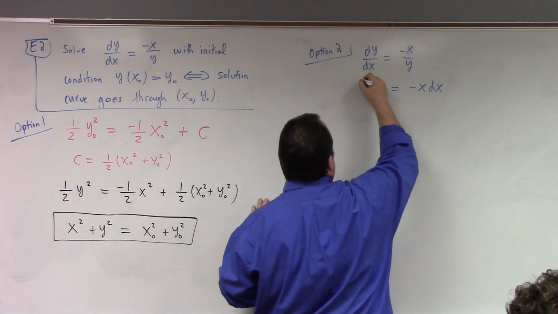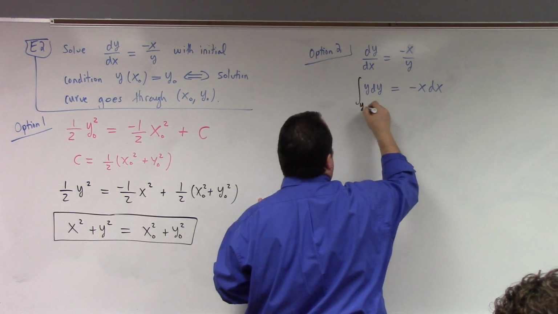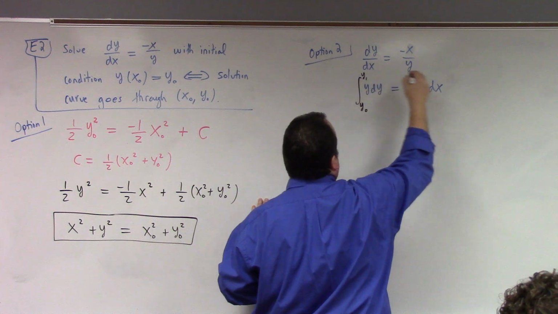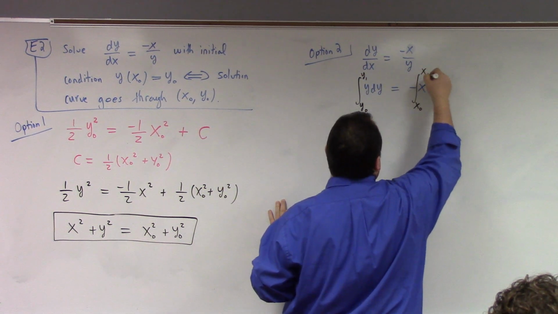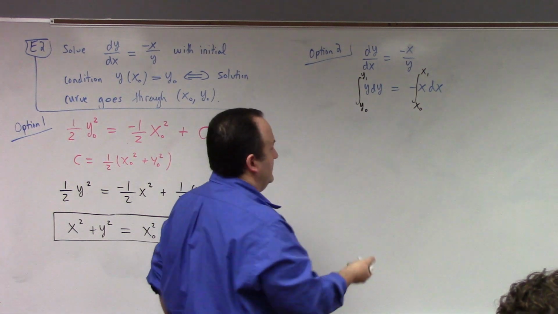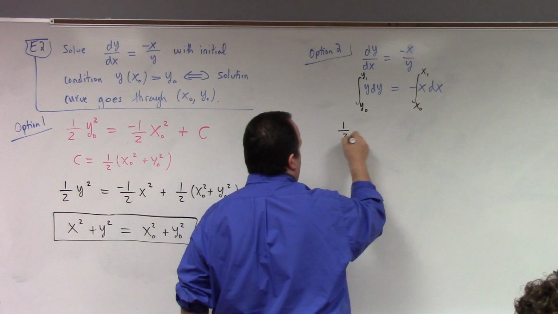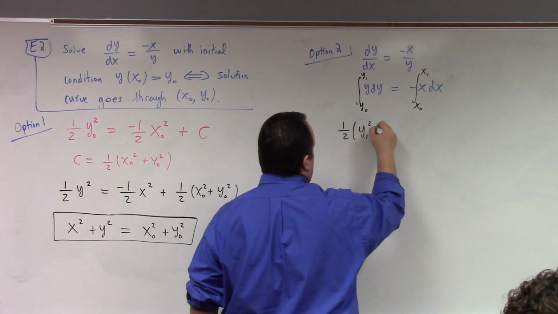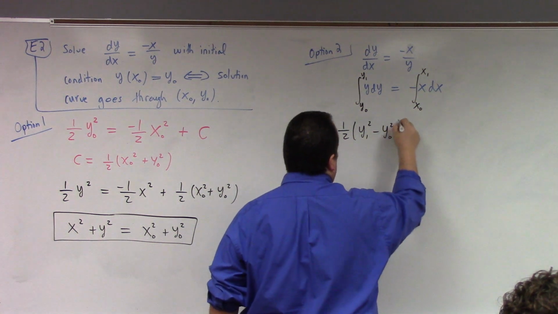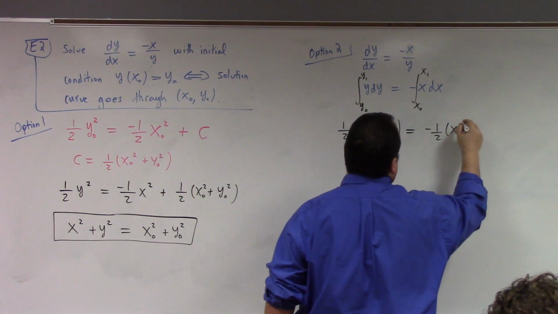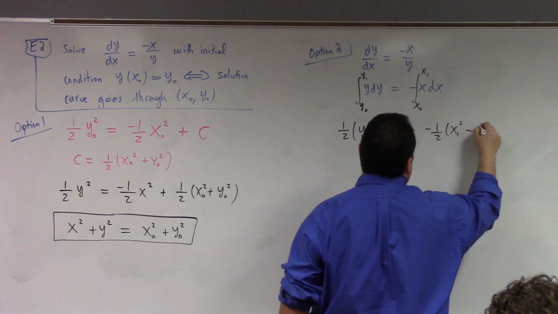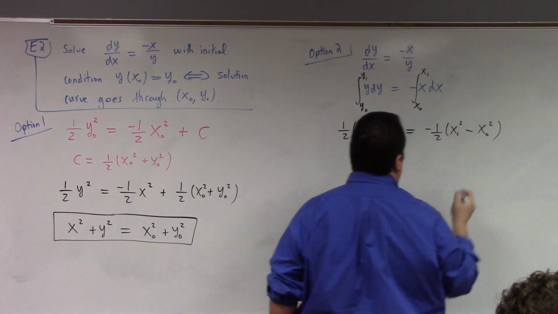Say integrate this one from y0 to y1, and correspondingly integrate this from x0 to x1. And if I do that, what I'm going to get is 1/2 (y1 squared minus y naught squared) equals minus 1/2 (x1 squared minus x naught squared) by the fundamental theorem of calculus part 2.